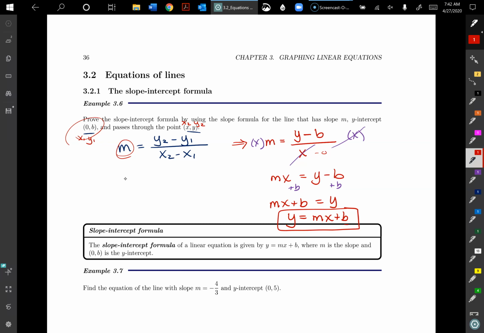We can also prove out a different form. It's called point slope form, but we'll do that one a little bit later. We want to call this one slope intercept because we specifically have the slope and the y-intercept. When we don't, we'll use point slope form.